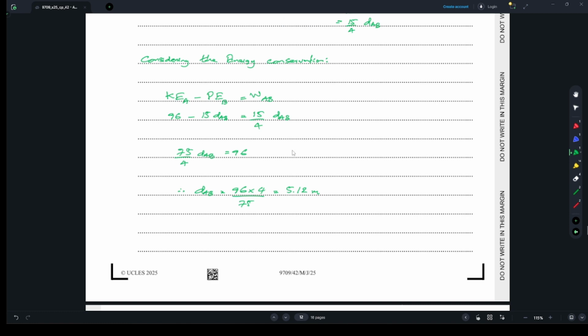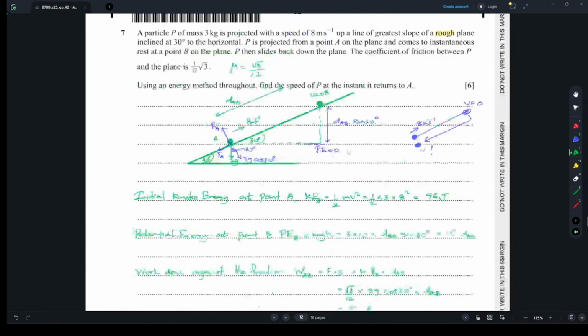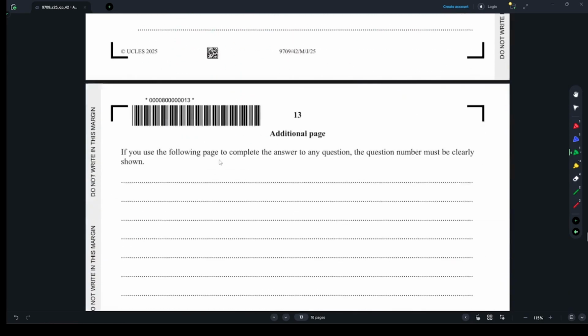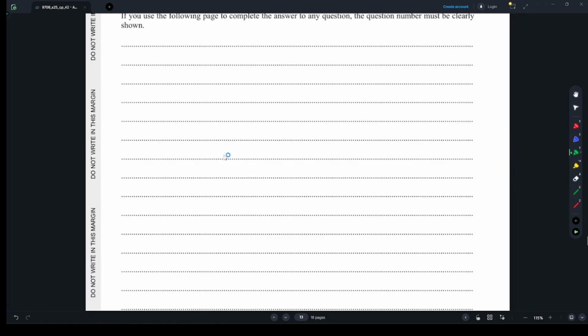Okay, now that's done, so now we know this distance. Now you can apply the B to A motion again. Here it reached 0, so now we have to consider the B to A motion. Let's move to here. Considering B to A motion, we now have to find the energies again.